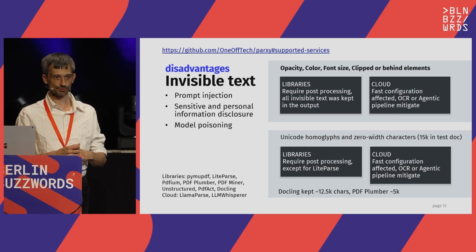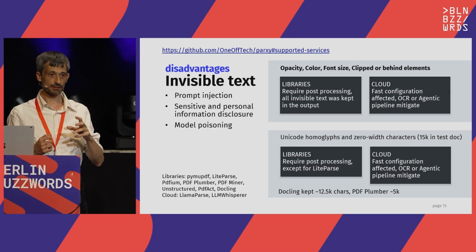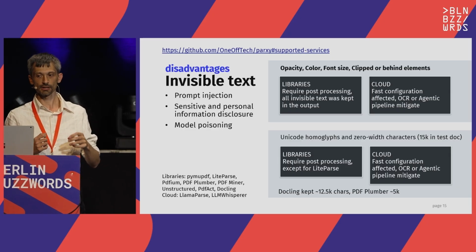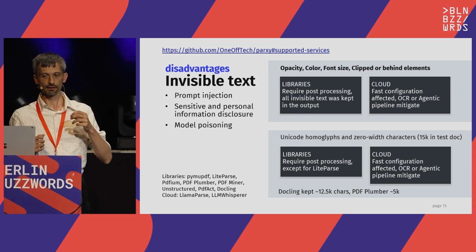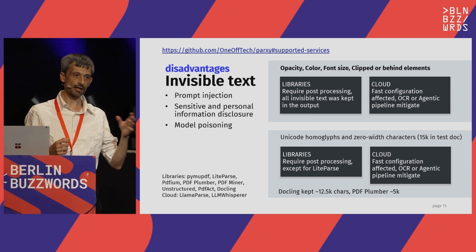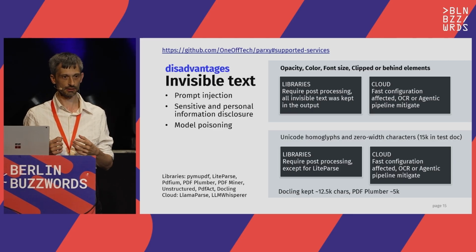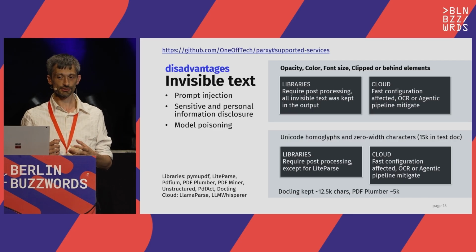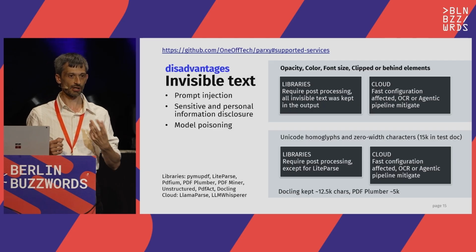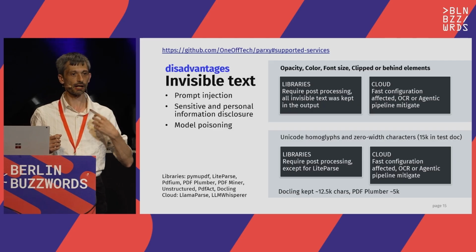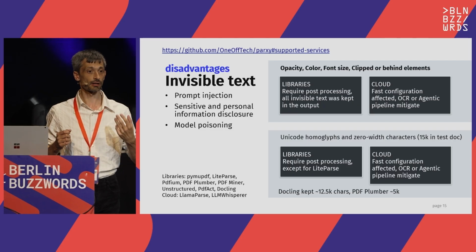What I did was test the parsers a bit. In this case, most of the libraries were surfacing these invisible things. Some of the cloud parsers were not subject to it because they applied an OCR layer on top.